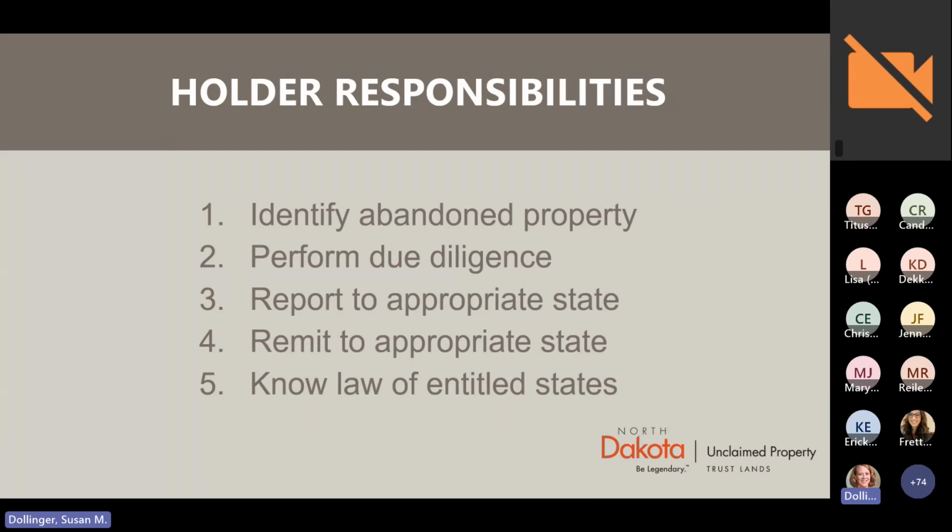I know that some of you are probably wondering why it's so important to report directly to the state of the owner's last known address. It's because the dormancy matters. Other states have different dormancy periods. Now, our dormancy period for a checking account or a savings account is 5 years, but I know there's states that are 3.